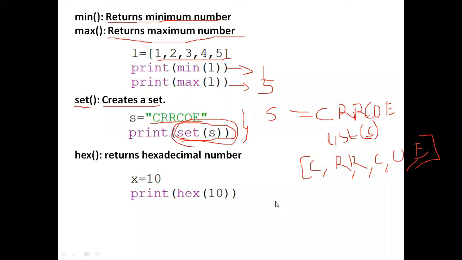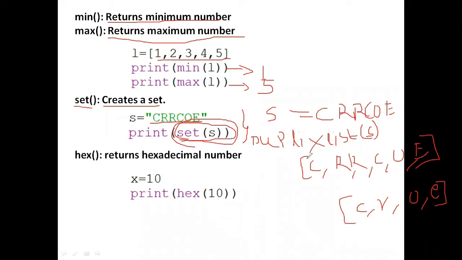C R O E only, though maybe the order is different. Why? Set does not allow duplications. So when you convert any string or any data type into a set, duplications are not allowed.